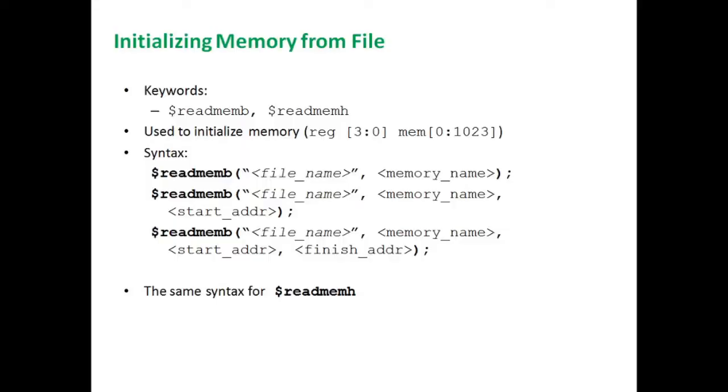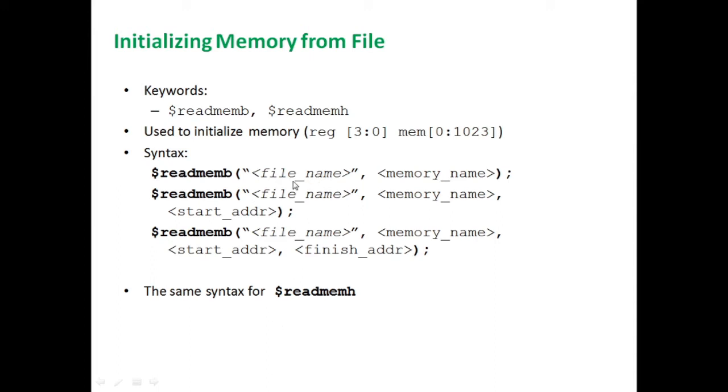The next is initializing memory from a file. We know how to declare memories, as we have discussed in the data types discussion. There is a special system task to initialize memories from a data file, and to read the numbers in binary or hexadecimal format. So we use the system tasks $readmemb and $readmemh. readmemb is to read in binary format, and readmemh is to read the data in hexadecimal format.